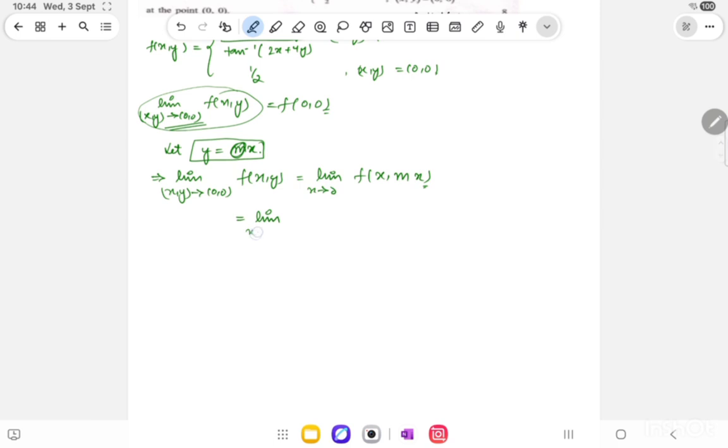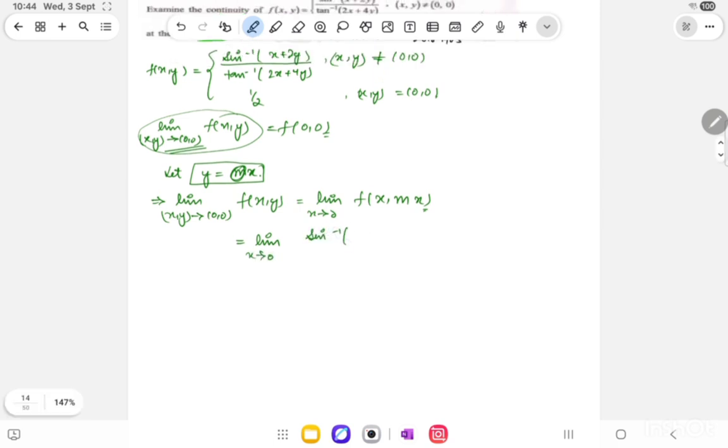So it will be the limit as x approaches 0 of sin inverse of (x + 2y), that is mx, divided by tan inverse of (2x + 4y), that is 4mx.